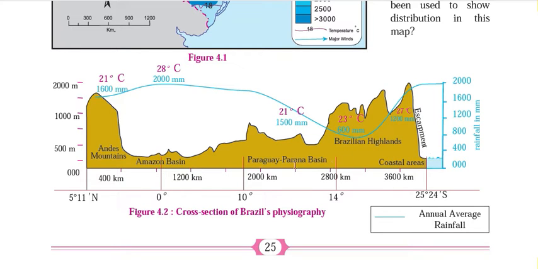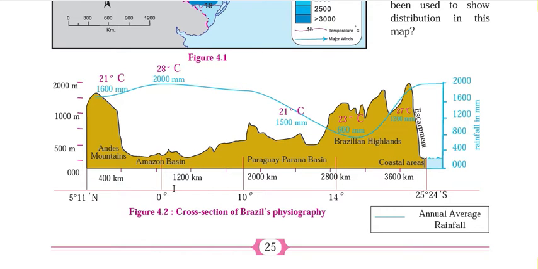So in this way you can describe the physiography. Then this temperature line is given, then rainfall is mentioned over here, right? They have mentioned rainfall over here also, but they have clearly shown this line for rainfall, the scale for rainfall.